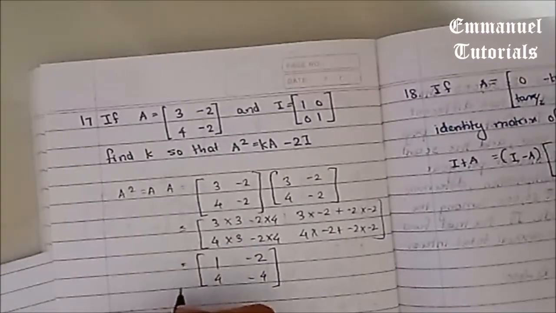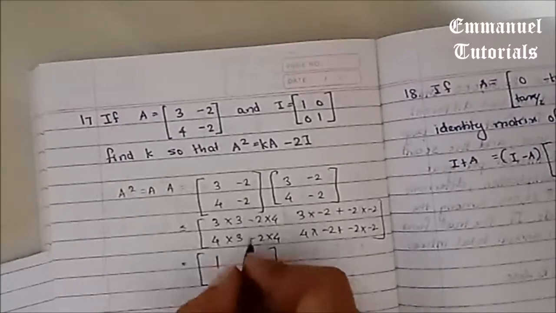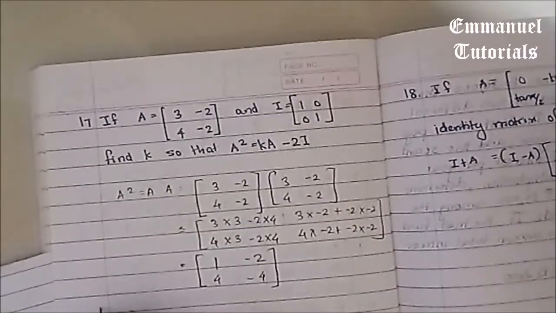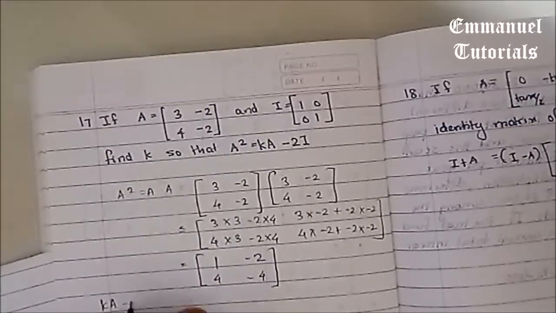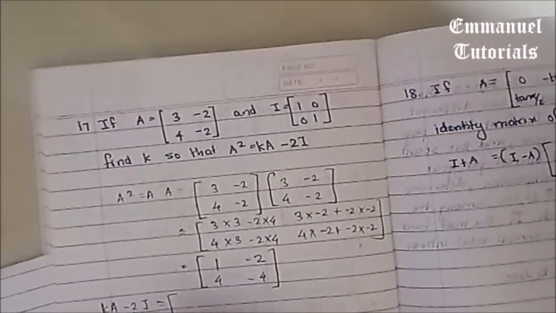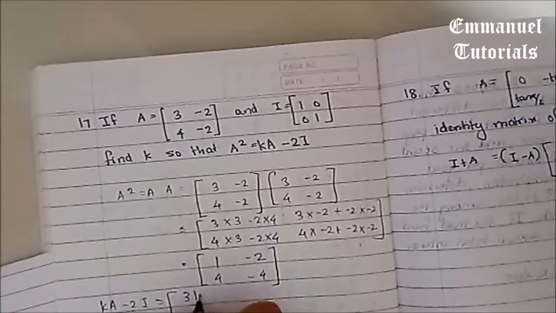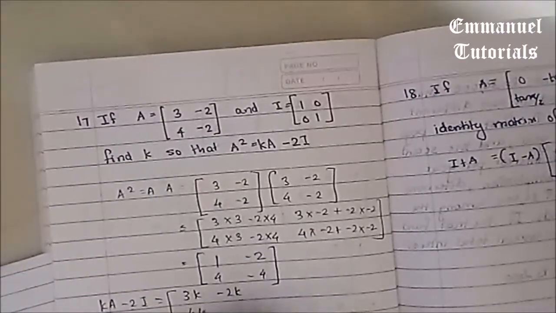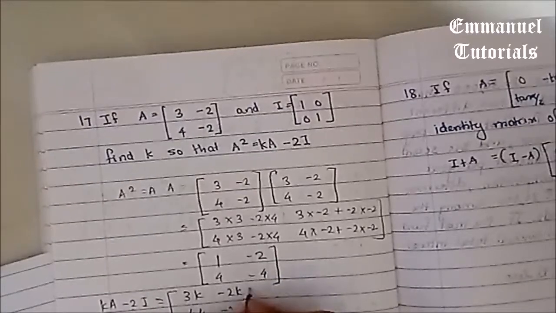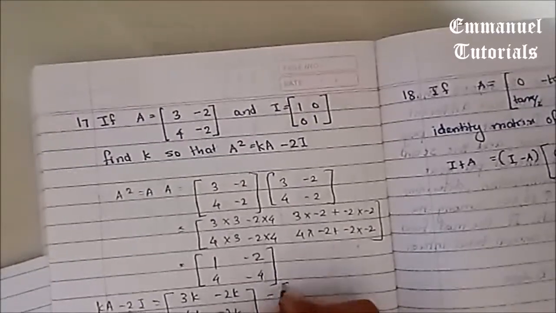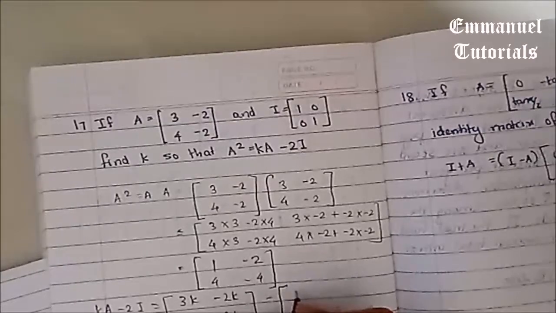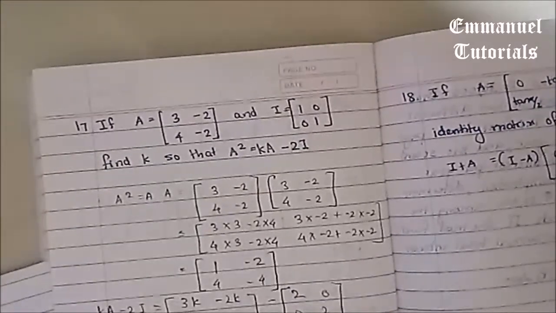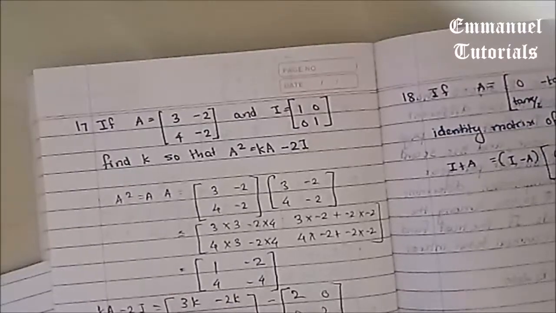Now we'll substitute this in this equation later. First we'll find out kA minus 2I, which is equal to [3k, -2k; 4k, -2k] minus 2 into the identity matrix, which is [2, 0; 0, 2]. Now we will solve this.